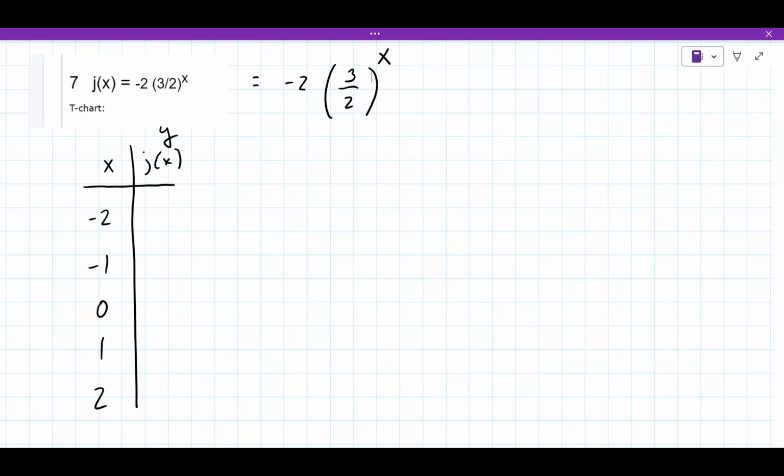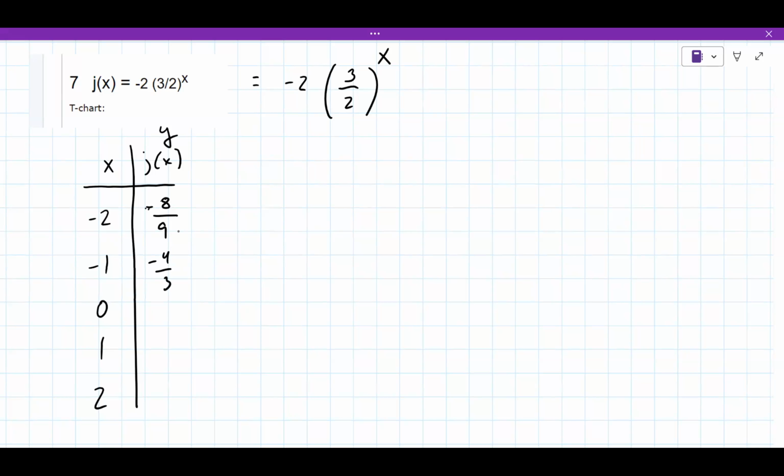Do you want the answer in decimals or fraction form? Fractions, please. Okay, so for -2, I got -8/9. -8/9 like that. Okay, keep going. -4/3 for -1.